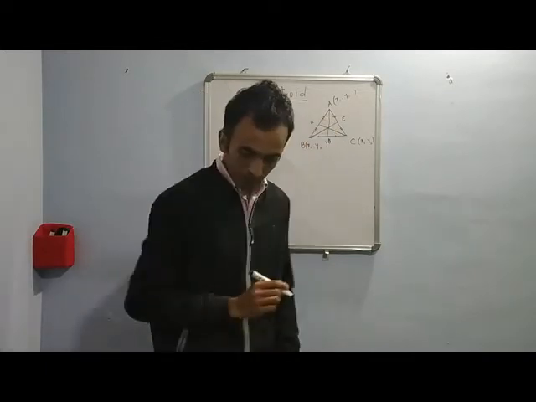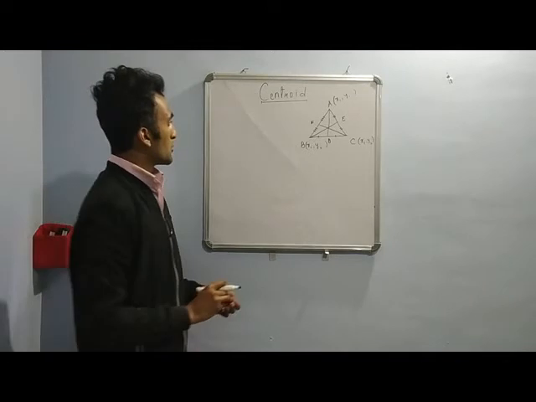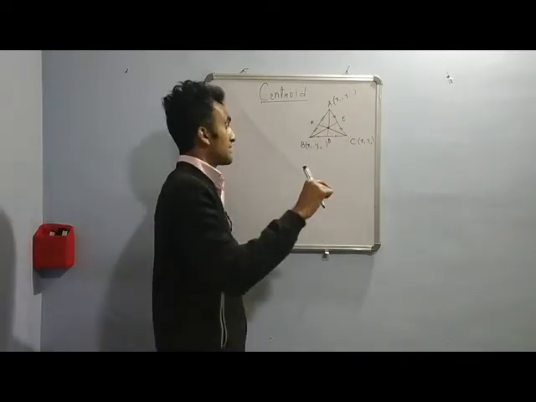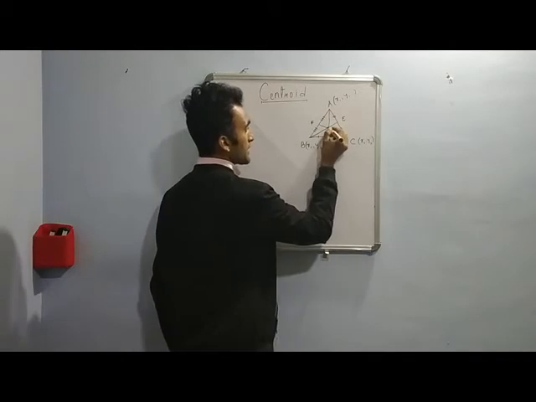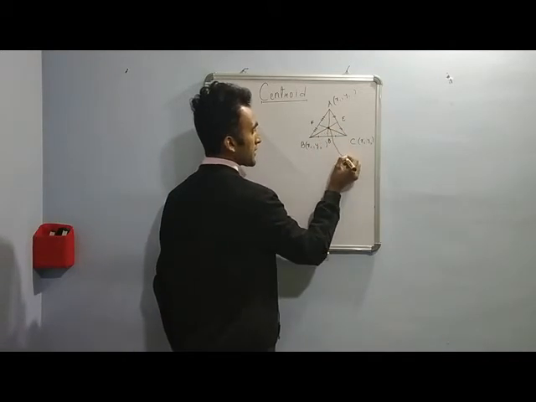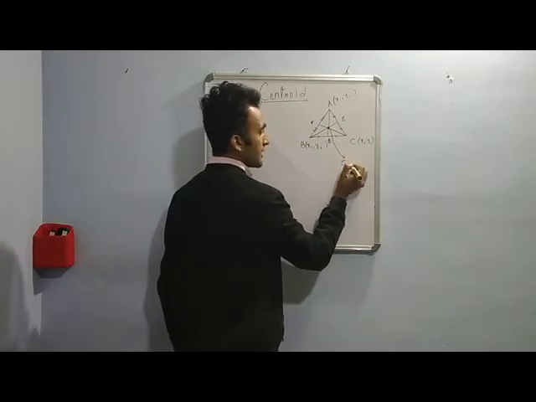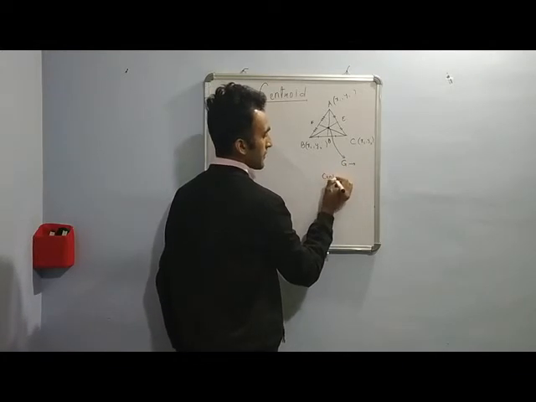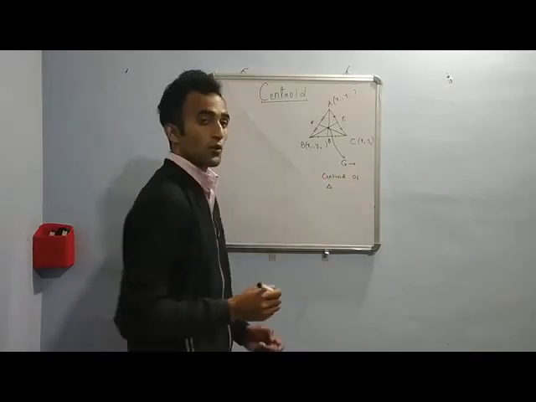So you can see that all the medians are meeting at one point inside a triangle. This point, let's say this is G. This is called the centroid of the triangle. What is centroid?